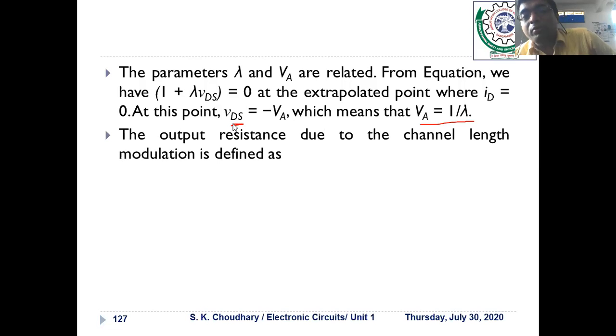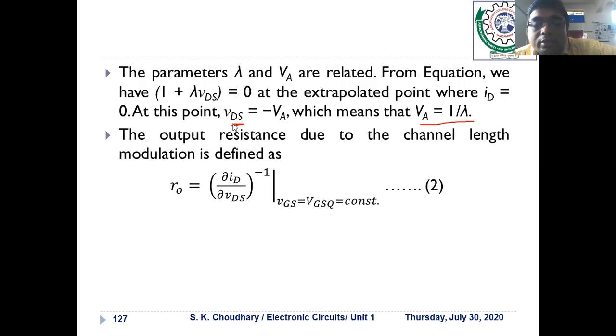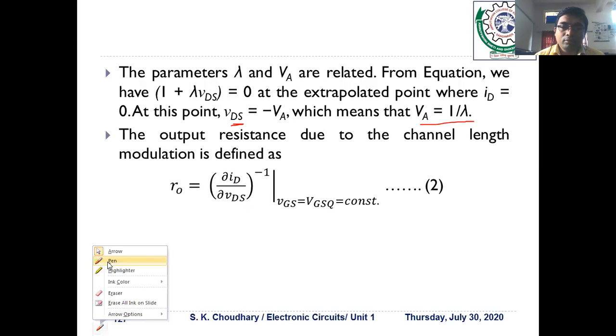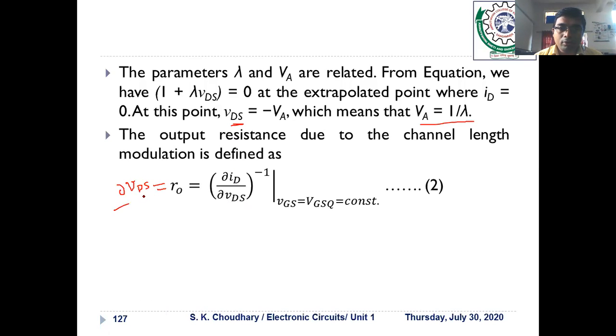Now we have to find the finite output resistance due to this channel length modulation. It is defined as R0 equal to the rate of change of drain current with respect to VDS, whole inverse. Why have we taken this? Actually, the formula of R0 is like this: rate of change of VDS upon rate of change of ID.